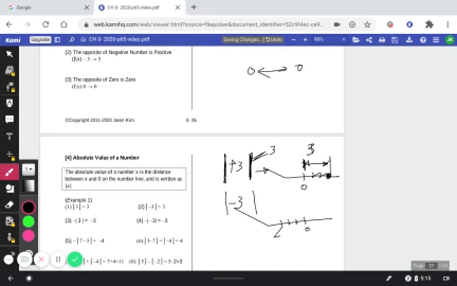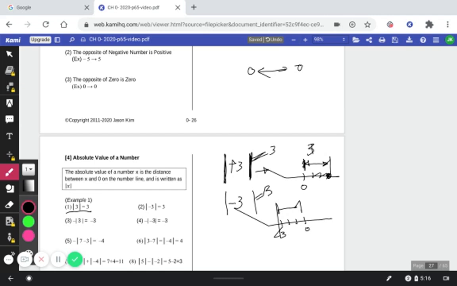So the distance is also 3. The absolute value ends up with that value without the sign. Okay, so the absolute value of 3 is 3, and the absolute value of negative 3 is 3.